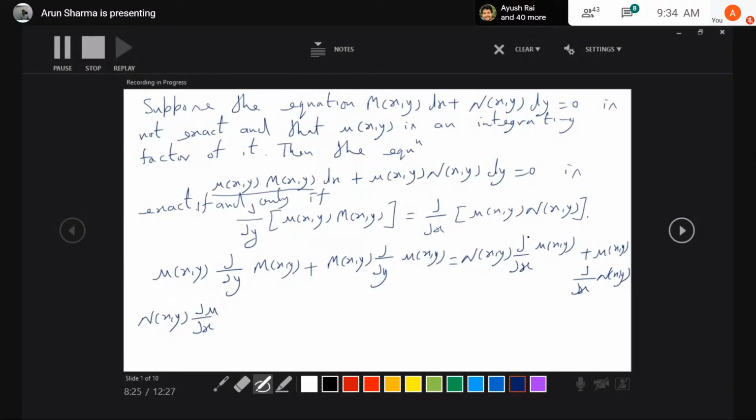And minus M(x,y) del mu upon del y equals to, now I take this mu this side and take mu(x,y) common, del del y M(x,y) minus del del x N(x,y).